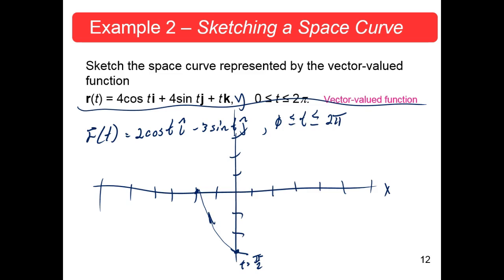Give me another t. 2 pi, that's perfectly fine. That's counted here. When t is 2 pi, what is cosine of 2 pi? 1.